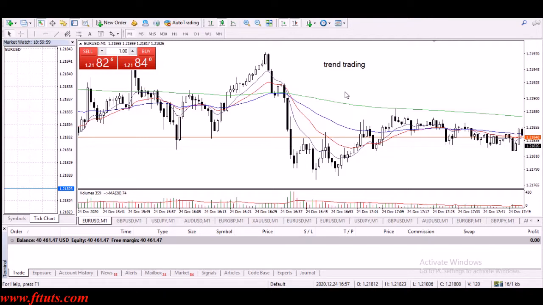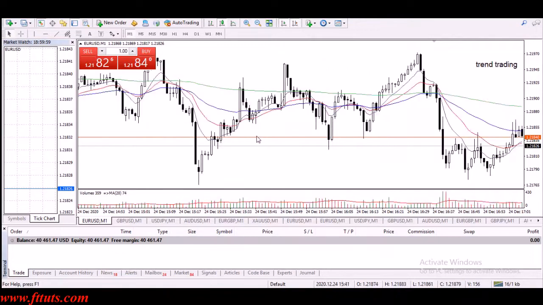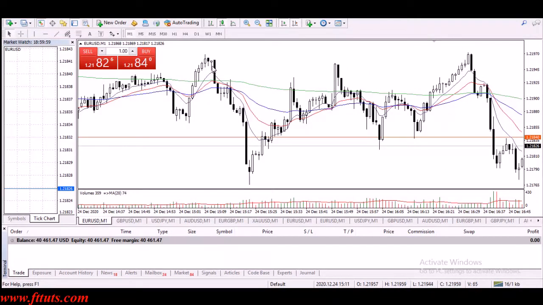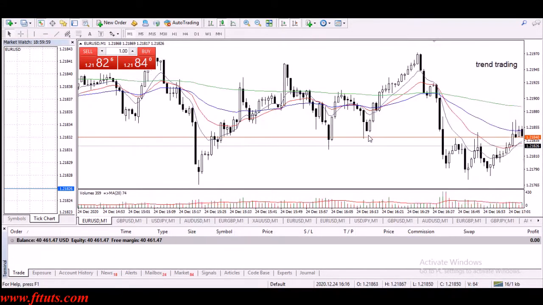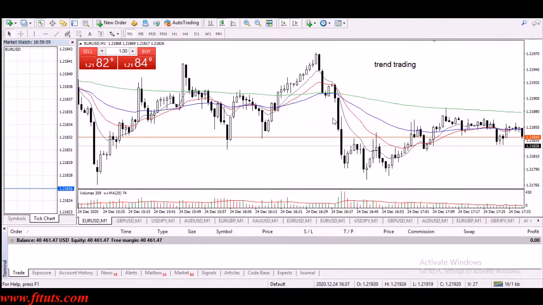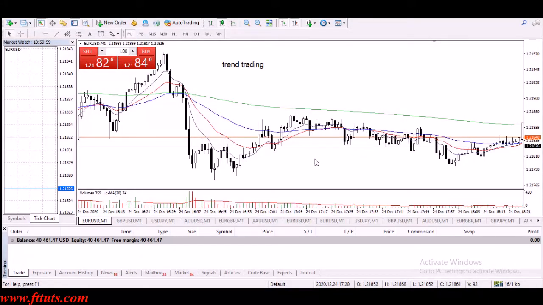And this equilibrium is these EMAs. So between the ups and downs of the market, price is always returning to this equilibrium level. Up, return, down, return, up, return, down, return, and that's the secret.